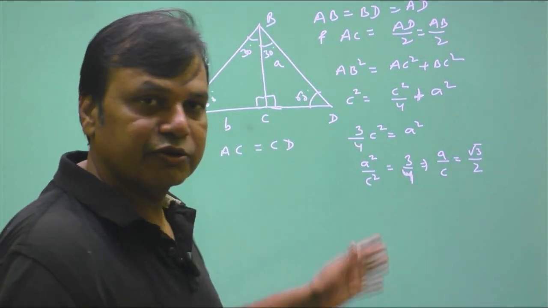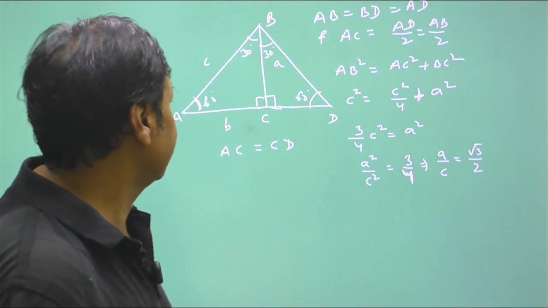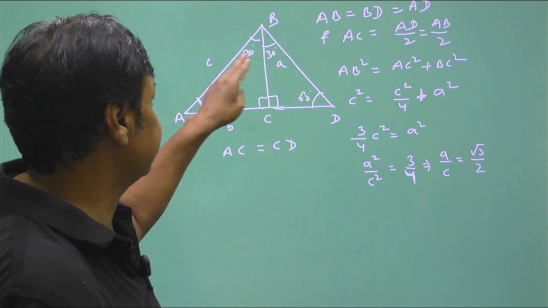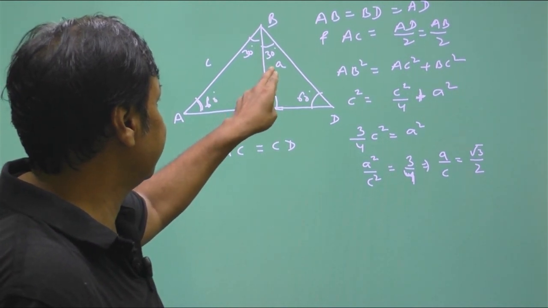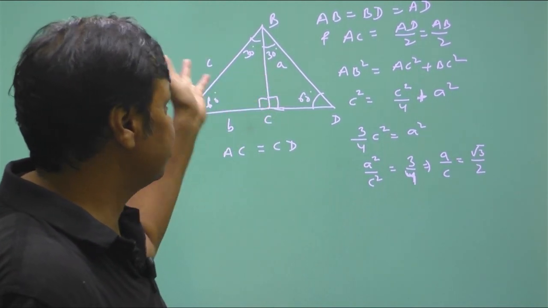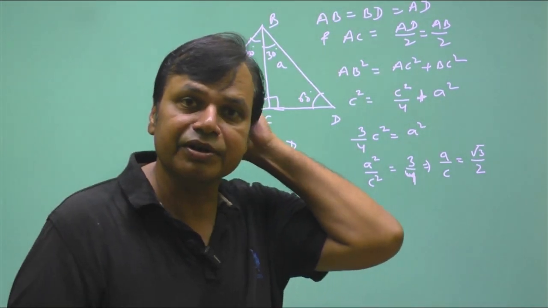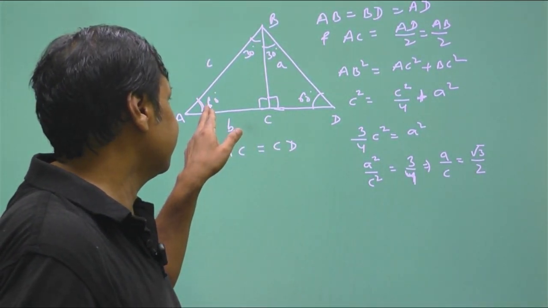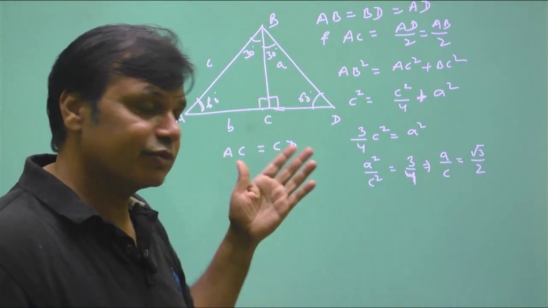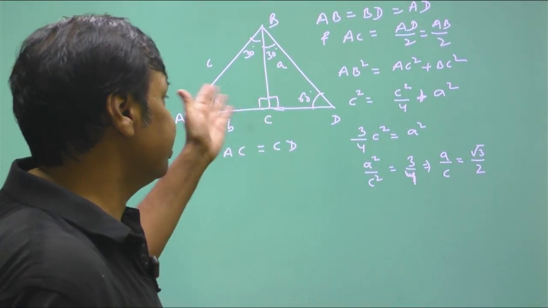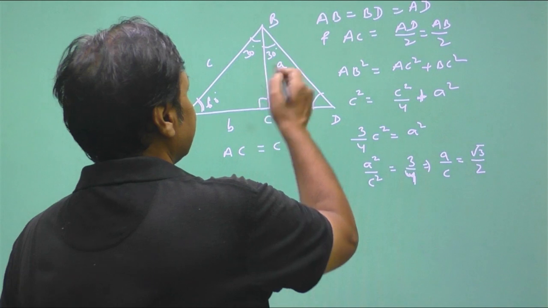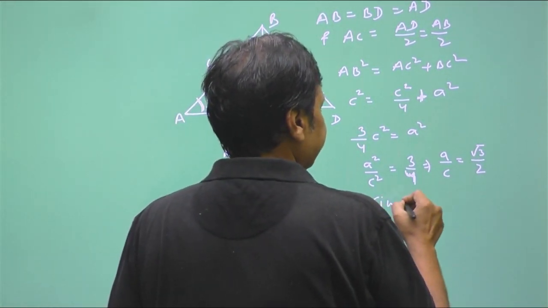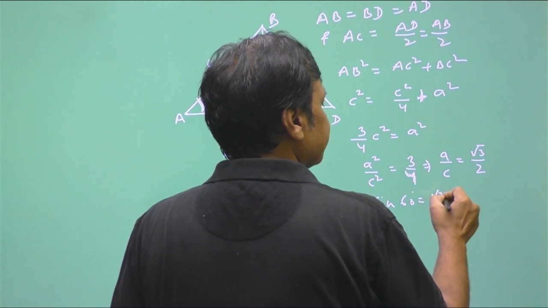What is a upon c? This side length is a and this is c. So in terms of the 60 degree angle, a upon c is sine 60 degrees. That means sine 60 degrees equals root 3 by 2.